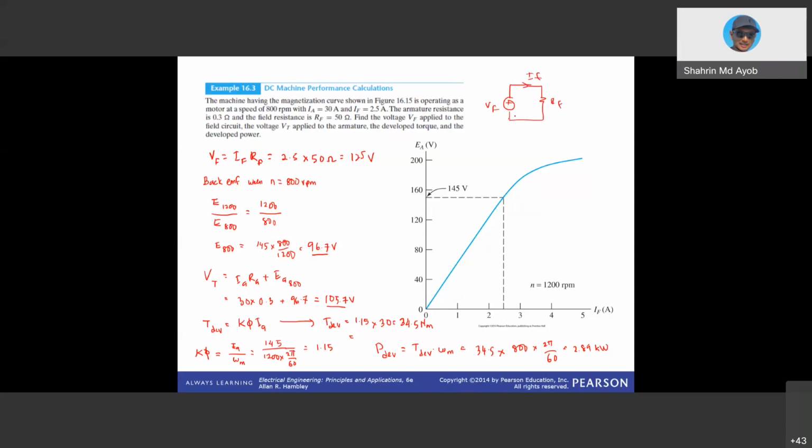So from here, you can compute directly your field voltage, the voltage required to supply the current IF of 2.5. So the required field voltage is 125 volt.